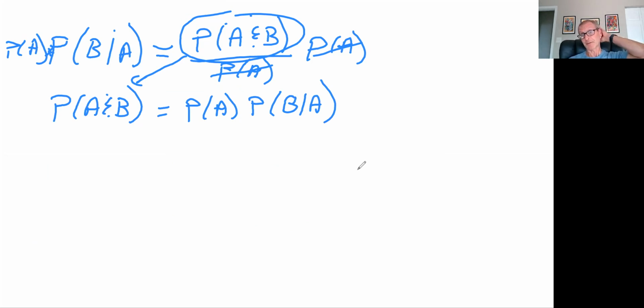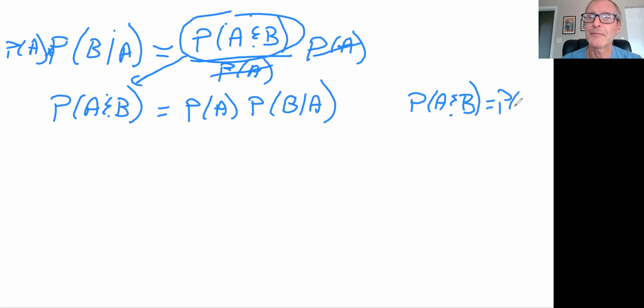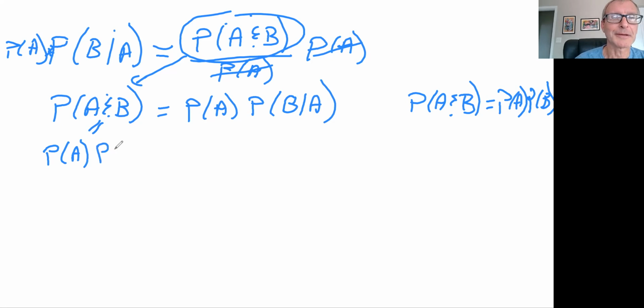So when we do these calculations, if two events are independent, remember the probability of A and B equals the probability of A times the probability of B. I know I don't like to do too much algebra in stats, but this is kind of important. So if two things are independent, that means the probability of A and B equals the probability of A times the probability of B, right?